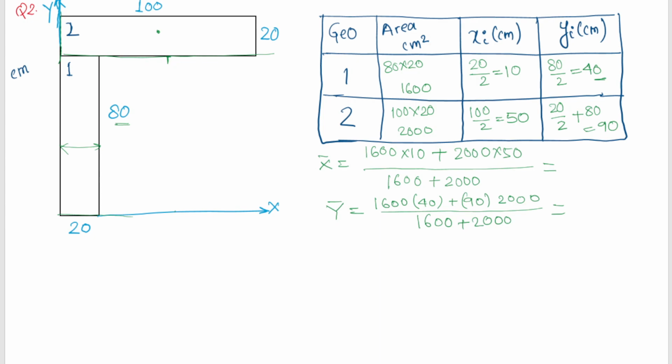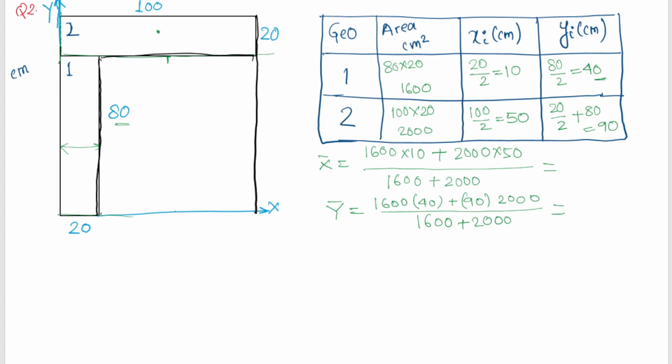But now, what if I tell you this problem can be solved by another way also, in which we are not considering the two rectangles as being added. Now in the second solution, what we are going to do, we'll assume that a smaller area, that is this portion, is taken out from a larger area which was of dimension 100 into 80 plus 20, 100.